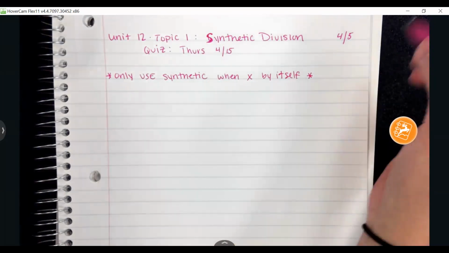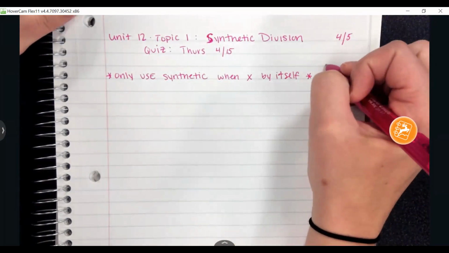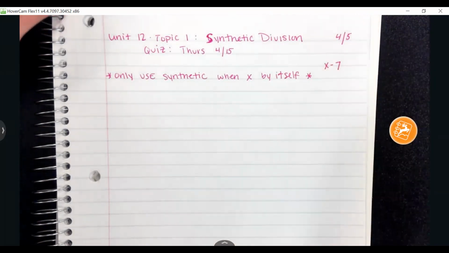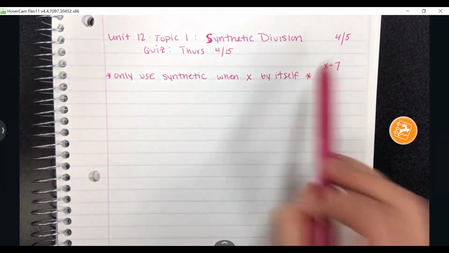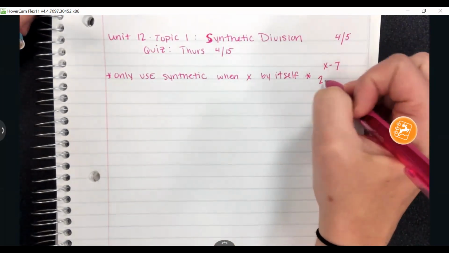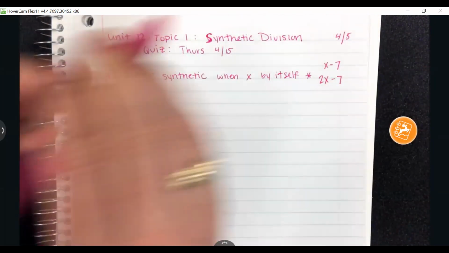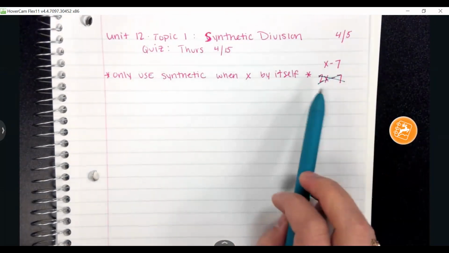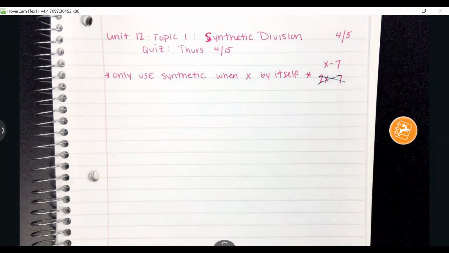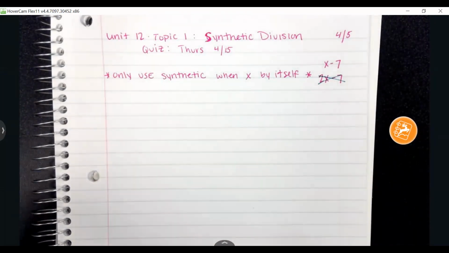Okay? So if I am dividing by x minus 7, that's good because the x is by itself. If I'm dividing by 2x minus 7, then I can't use synthetic division because there's something in front of the letter x.